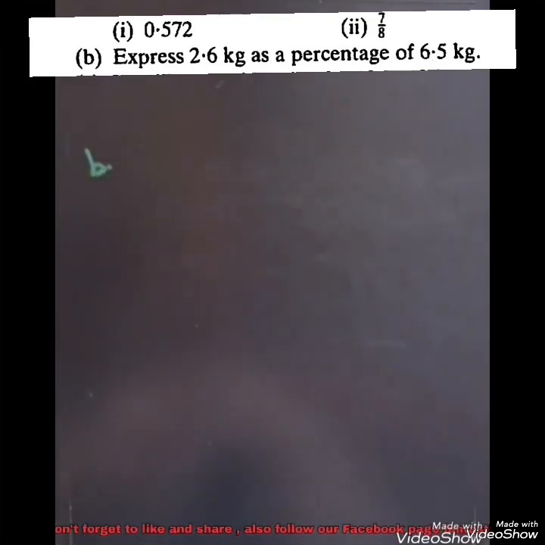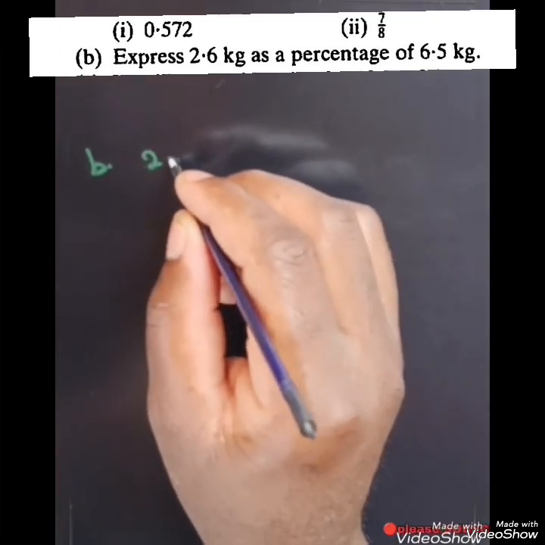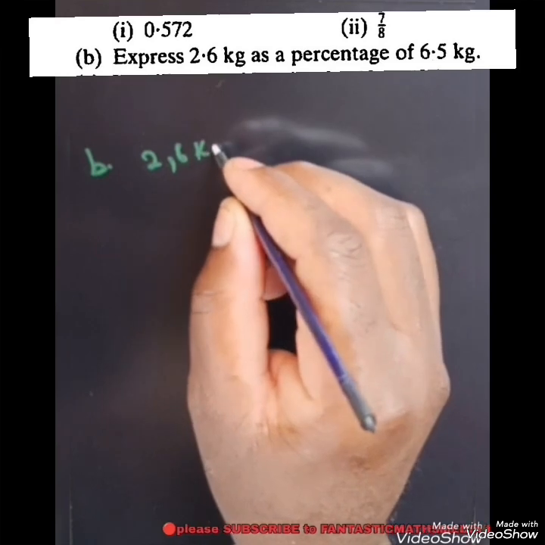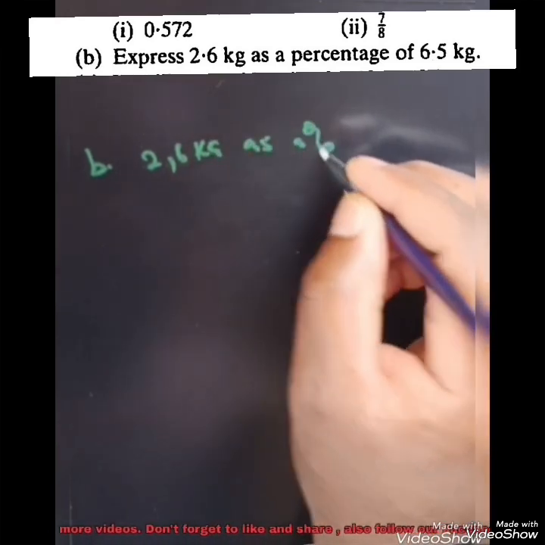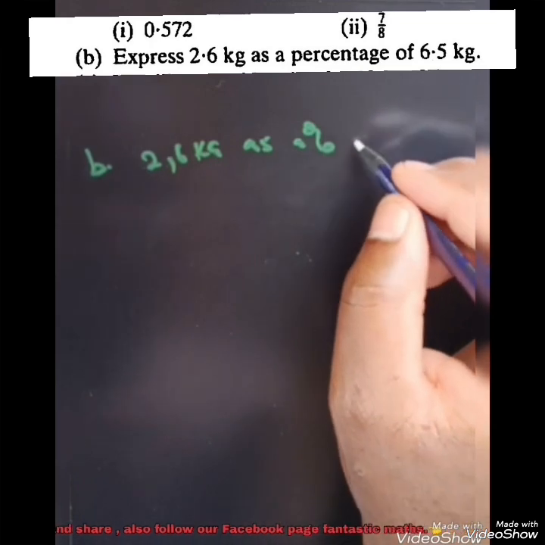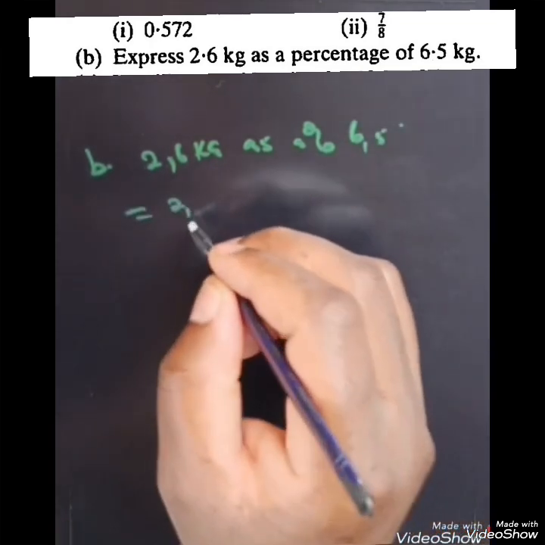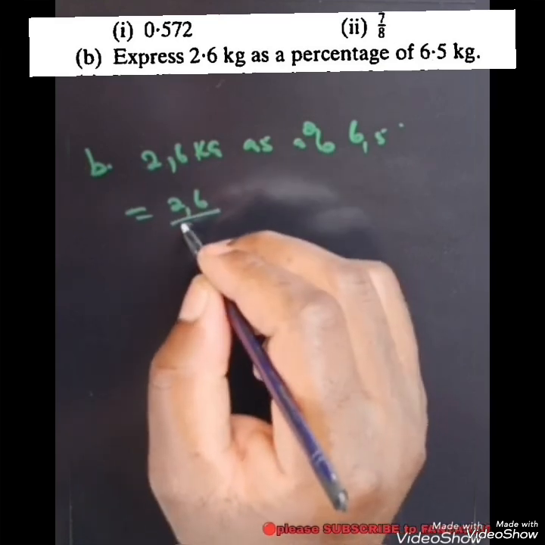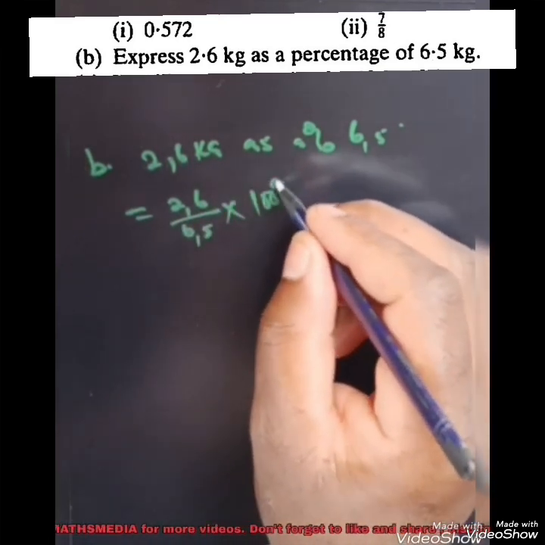10b. Express 2.6 kg as a percentage of 6.5. So we are going to divide 2.6 by 6.5, then multiply by 100%.